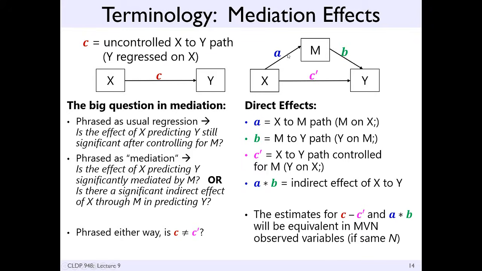Or you could throw these things all in one model and save yourself some time. So whether A times B is not different than 0 is the question.